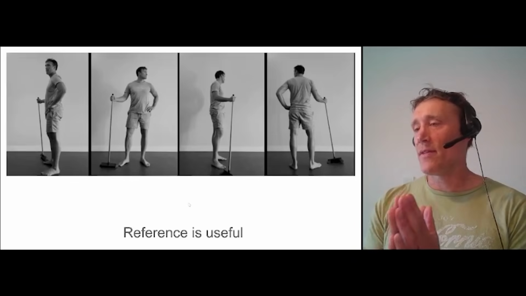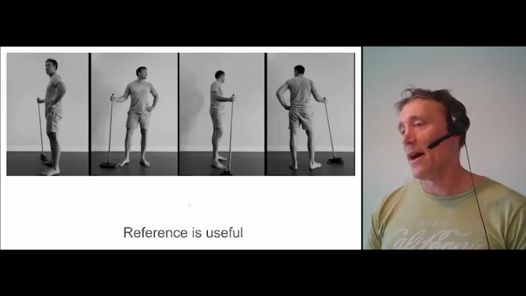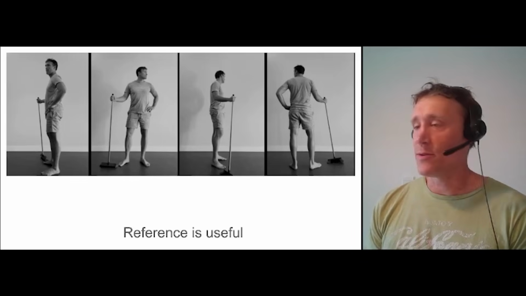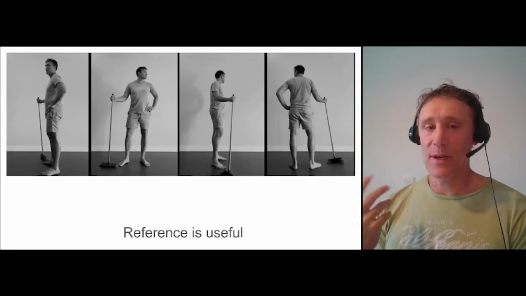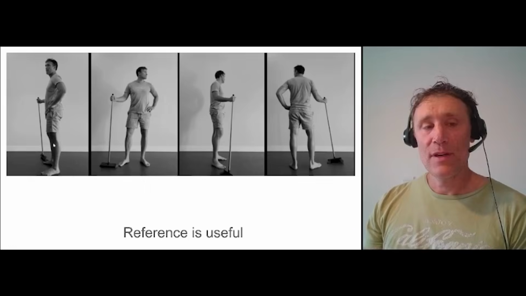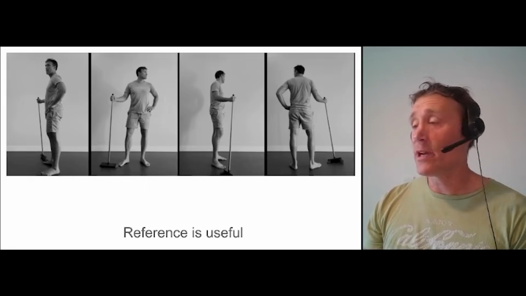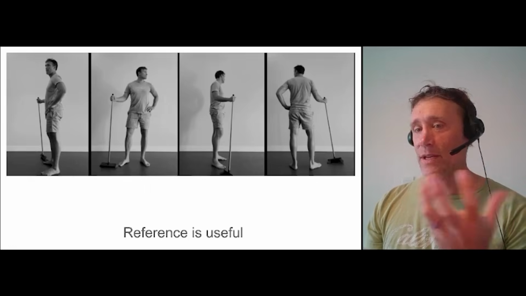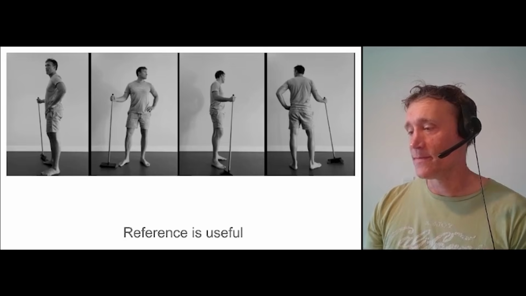So the thing you want to start with, ideally, when you're going to do a character turn, is some video reference. And I shot some reference of myself turning around from 4 different angles, just so you could see the weight shift principles from the different angles.